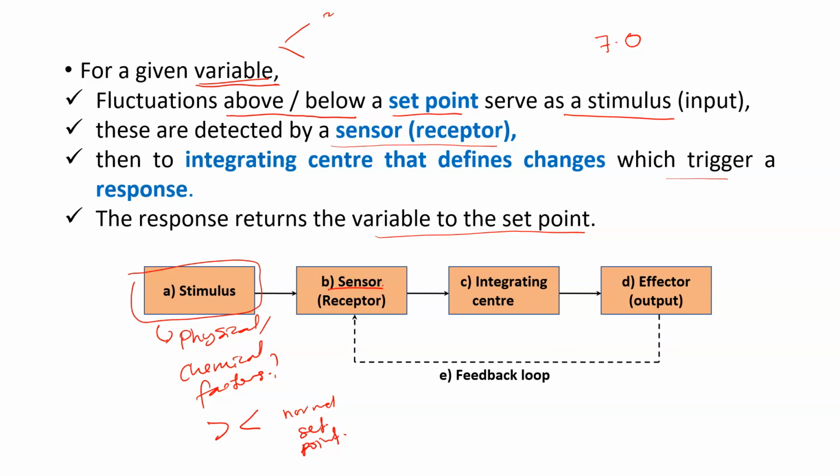The receptor send the information to the integrating center, the brain. So information is sent usually in the form of impulse, okay, through the nervous system, and then from the brain send the information to the effector. So this can be in the form of impulse through the nervous system or in the form of hormones, the release of hormones, for example, okay, to the effector.